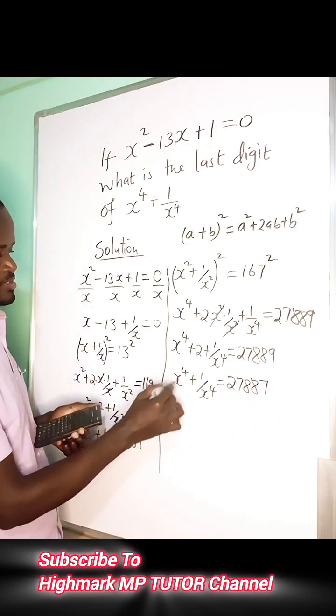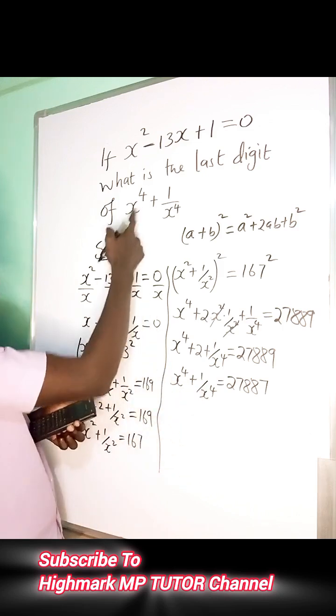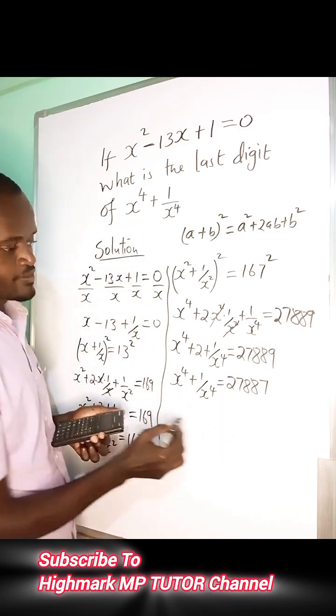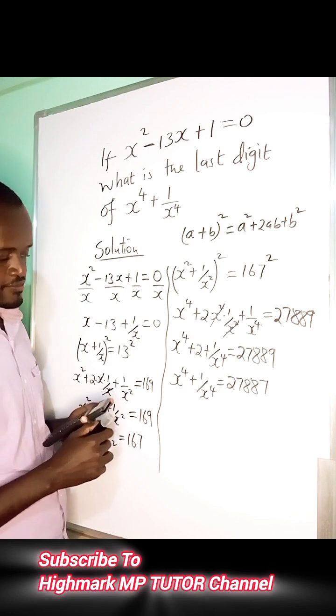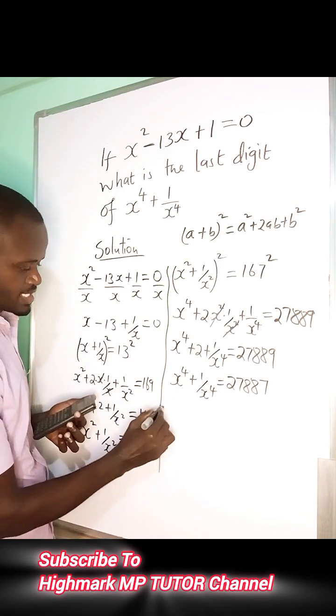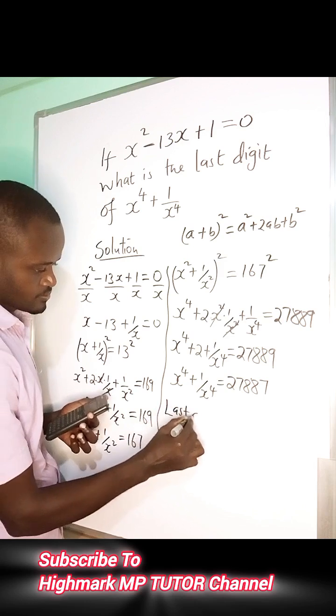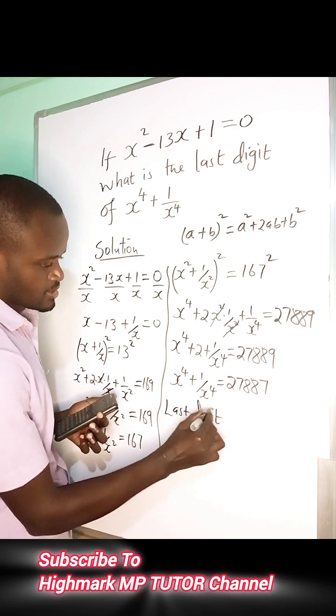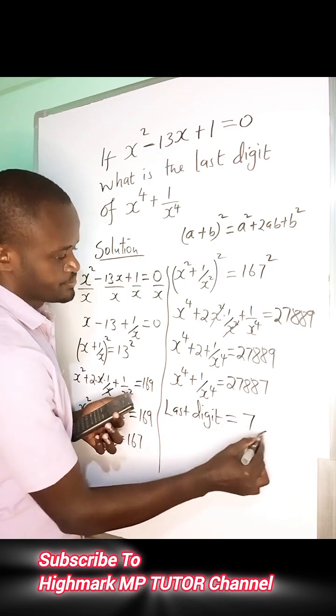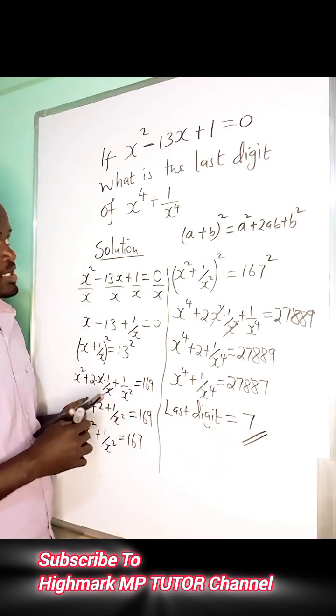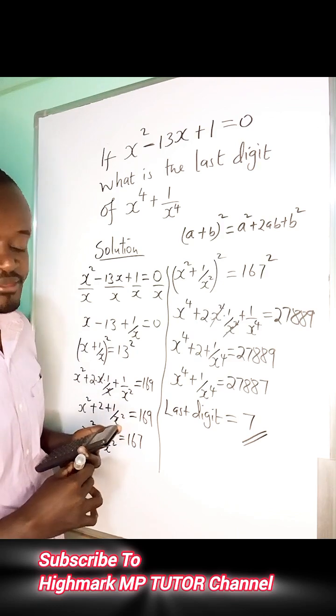So x power 4 plus 1 over x power 4 as required here is 27,887. So for that number, the last digit is therefore 7. And that is how we go about this problem.